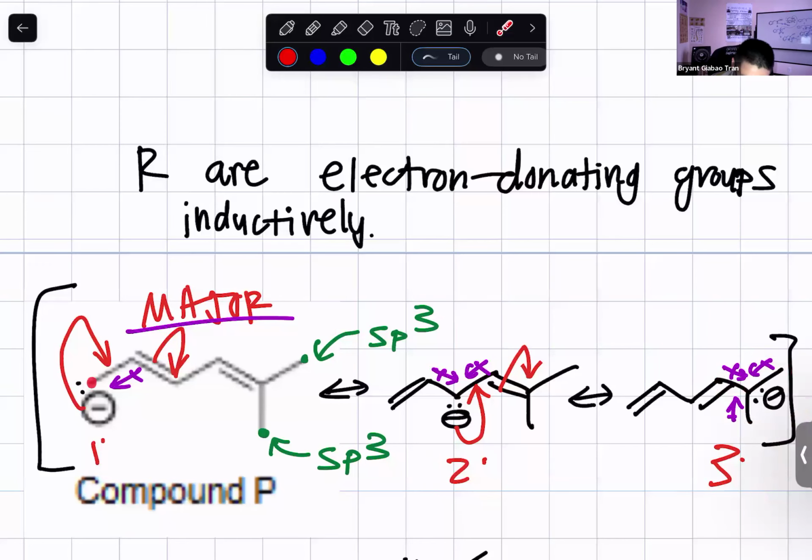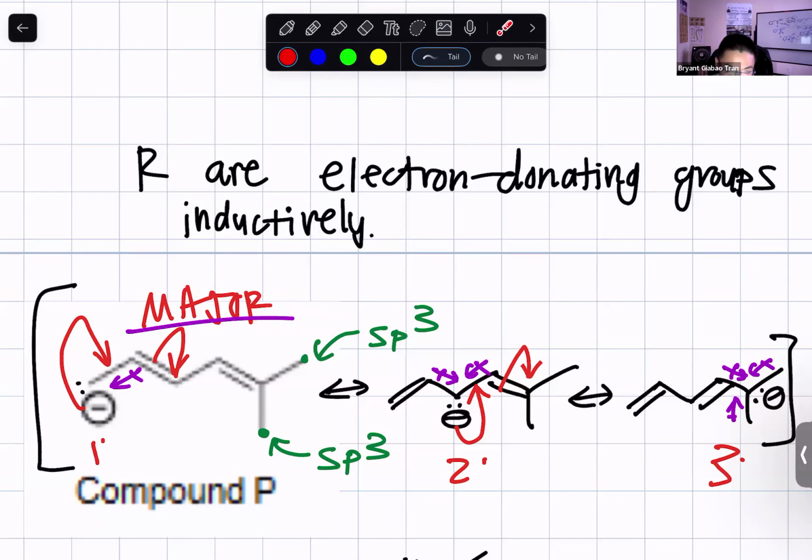This primary carbanion right here is the least substituted, having the least electron repulsion, because there's only one R group donating electrons to it. So there's the least amount of electron repulsion on the primary carbanion there. Oh, so because it's a primary, that makes it less repulsion?